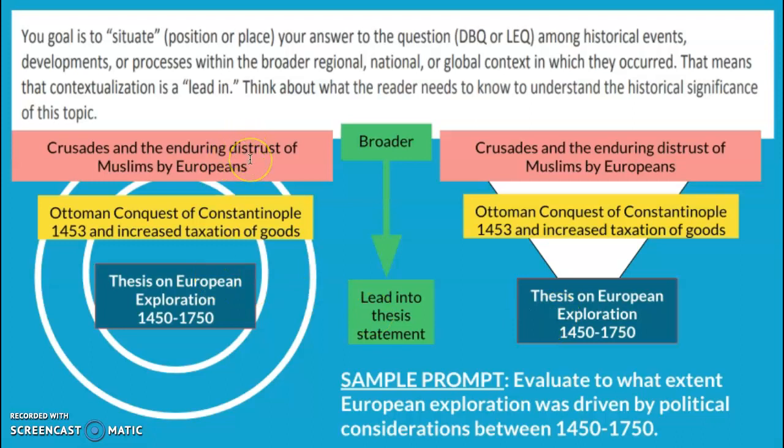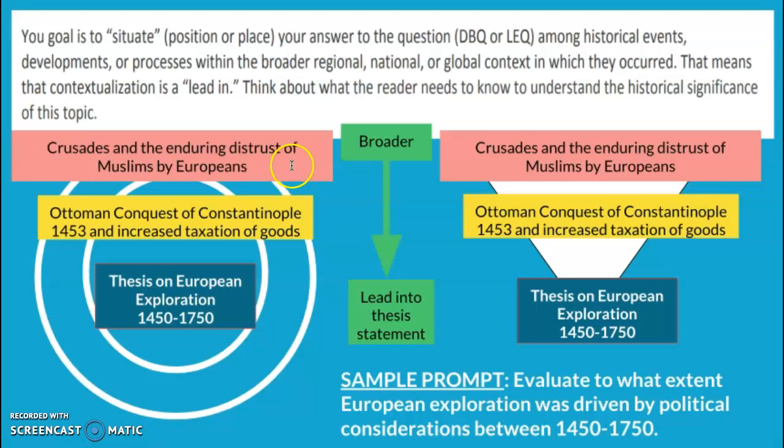So big picture, you probably want to start with talking about the Crusades, what that was, and the enduring distrust of Muslims by Europeans. Then narrowing down, it is relevant to talk about the Ottoman conquest of Constantinople in 1453 and how that resulted in increased taxation of goods.